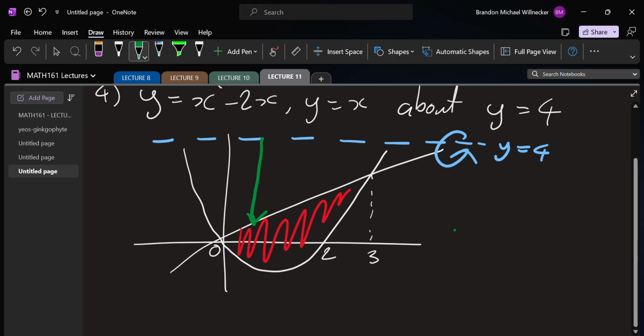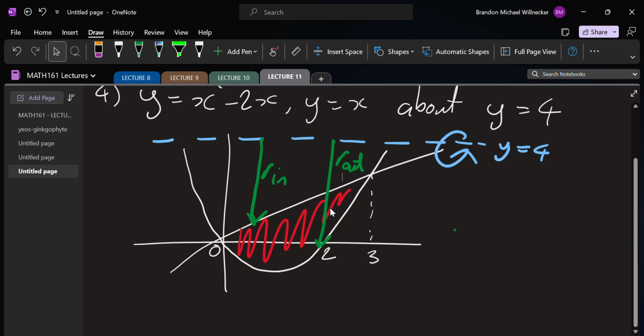From the axis outwards, from the axis to the line, that's the inner radius. From the axis to the parabola, that's the outer radius. It's always from the axis to the curve. Like before, we went from the x-axis to the curve, now we're going from the line y equals 4 to the curve.